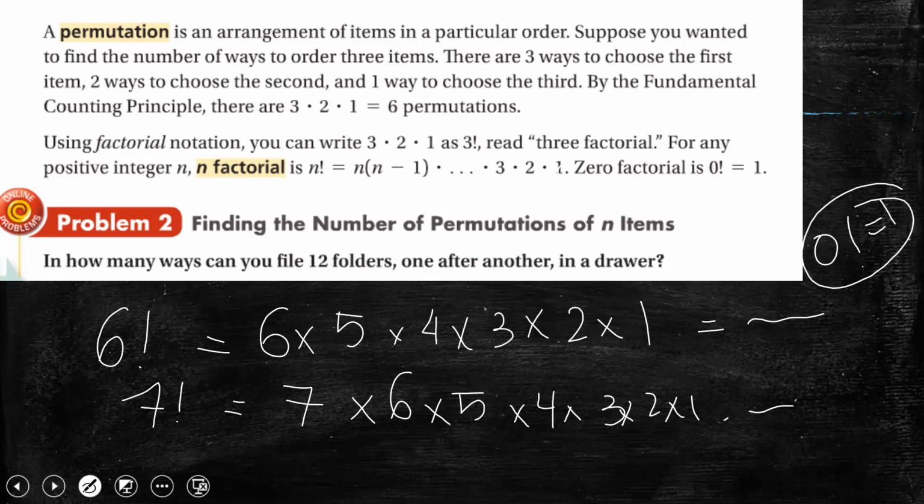If you have 12 folders and you want to take all of them, or if you have 12 folders and you want to take 3 of them, what do we have to do? If I want to choose 12 folders from 12, I will write 12 factorial. But if I want to choose 3 folders from 12, I will use permutation. Next period, inshallah, I will talk about them. Do you have any questions? No, thank you.